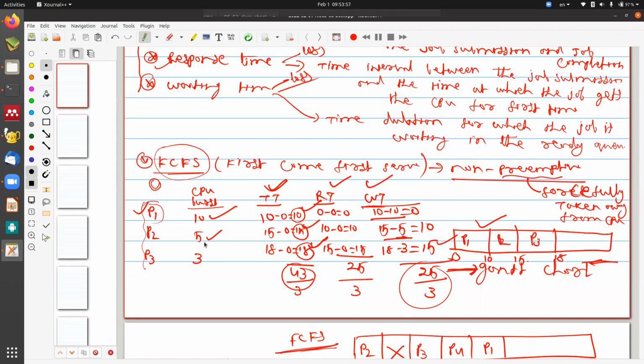If initial processes require a long time to execute, and you are following FCFS, then obviously your waiting time will gradually increase because later processes have to wait for a long time.